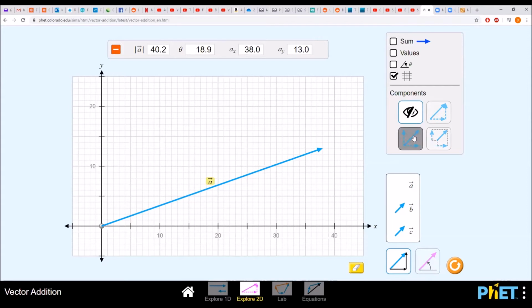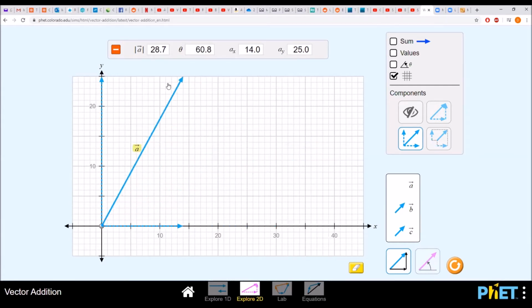I can click this button over here that will show me the components of this vector. You can see this y component going up to positive 13, this x component going up to positive 38. As I move this around, the x and y components change, showing the amount in each direction.